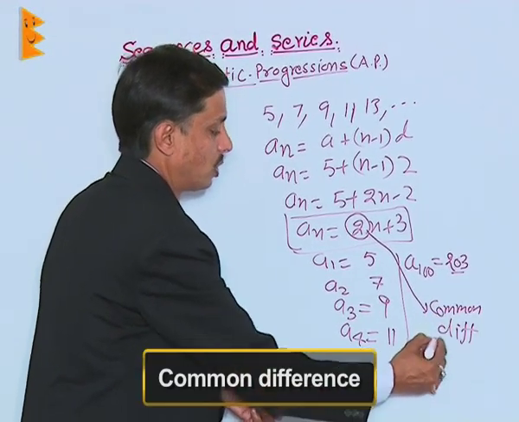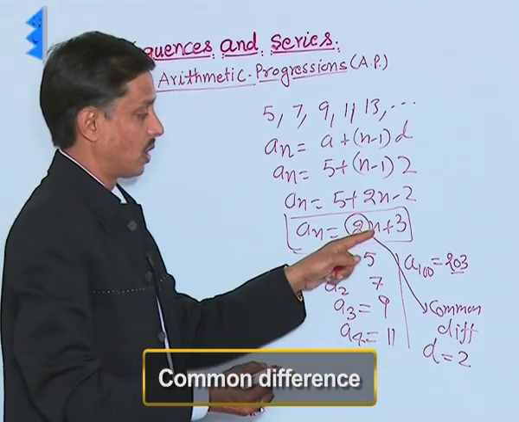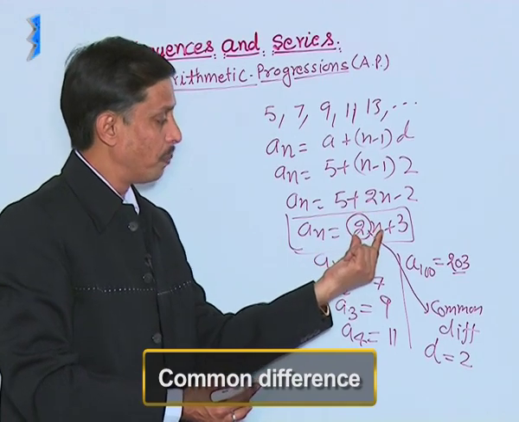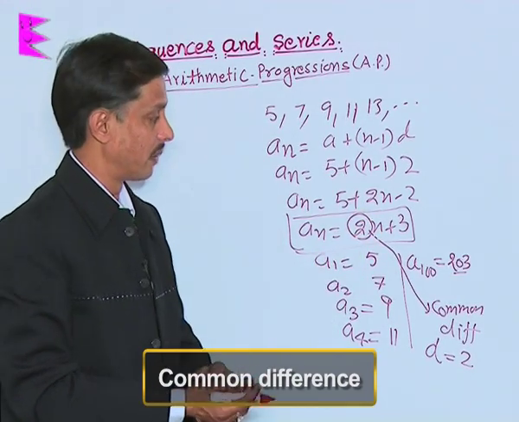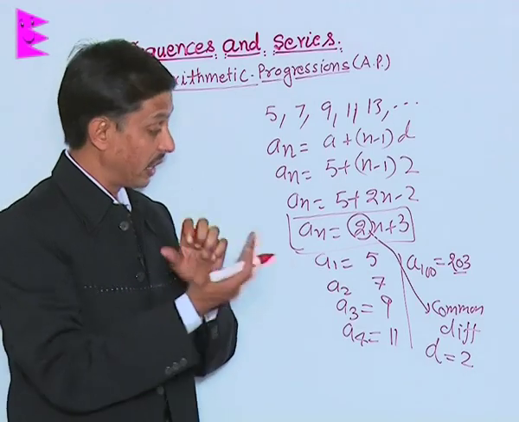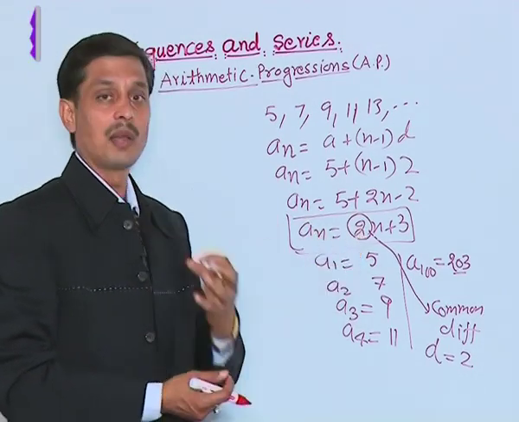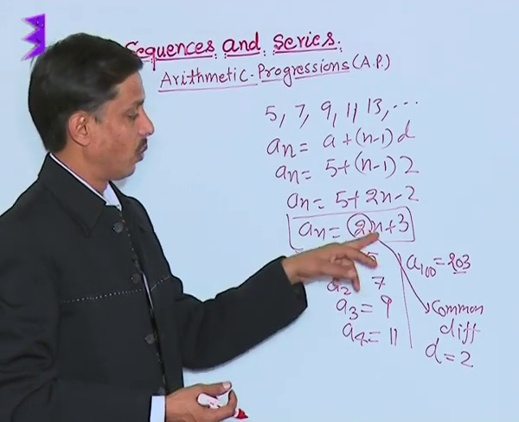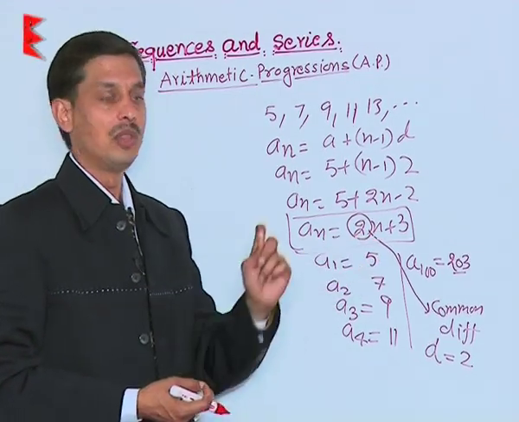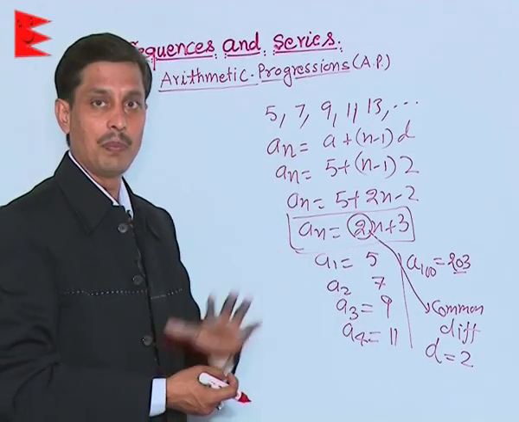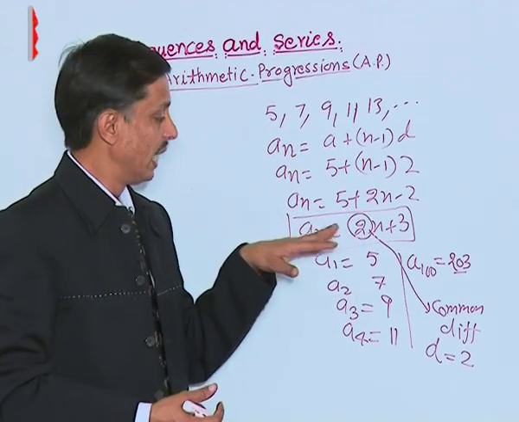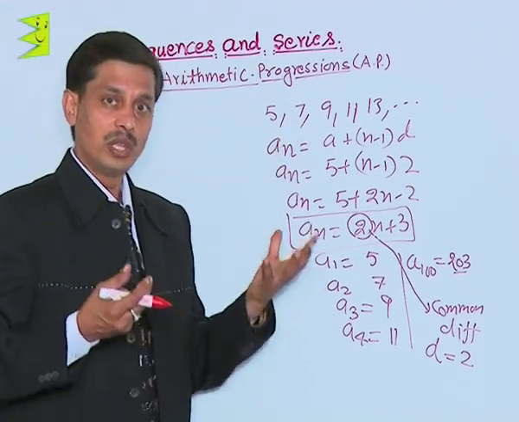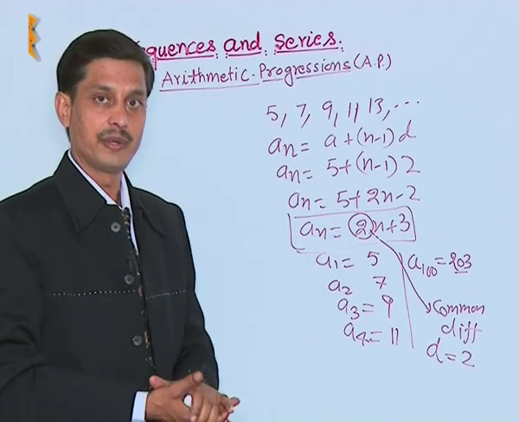The common difference d is always equal to the coefficient of n. So the general term of every AP is always linear in n, and with the help of an we can find any term which is required.